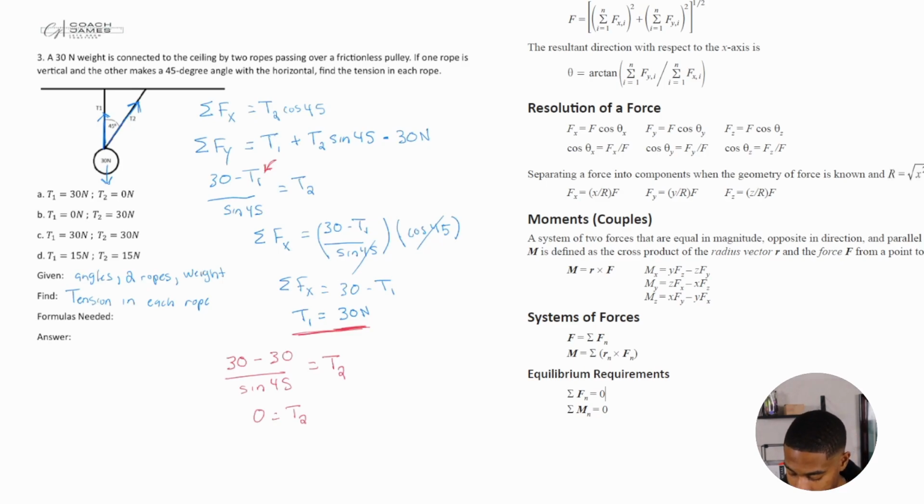All right, so hopefully that made sense. You should never just say T2 is equal to 0 from this first equation, right?